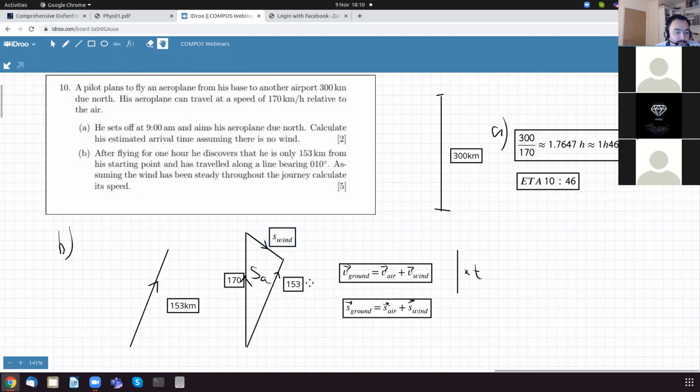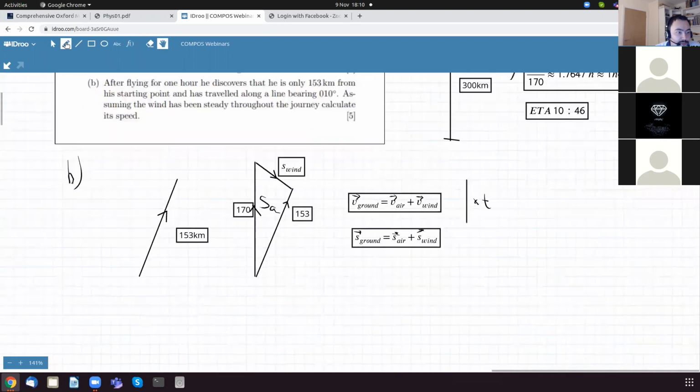Okay, so what do we know? Well, we know it's a triangle. We know that this is 10 degrees. So all we need is to use the cosine rule here. I just don't want to overcomplicate it. So this is velocity relative to the air.